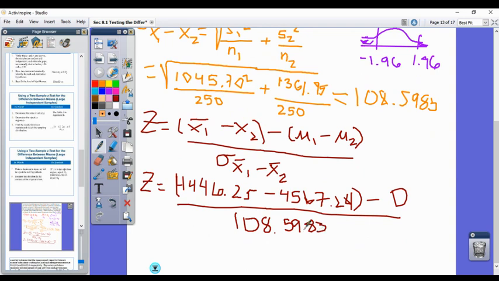If we plug all that into our calculator, we're going to get negative 1.11. And you'll notice that that is here, so we will fail to reject this.